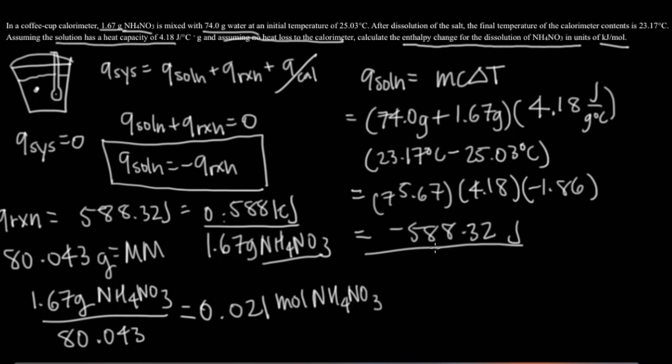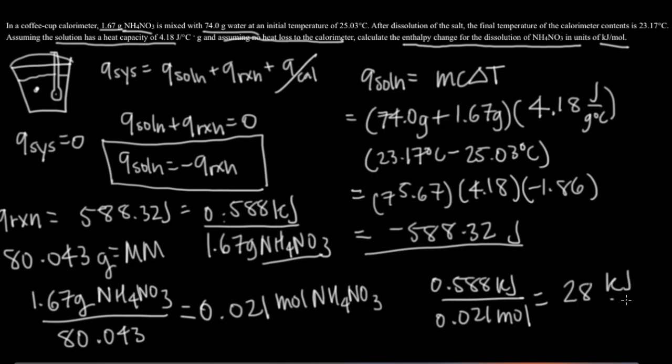So now we just need to divide our original energy value, 0.588 kilojoules, by 0.021 moles. And we have a final value of around 28 kilojoules per mole. And that is our enthalpy change for the dissolution of NH4NO3. So that is our Q reaction in units of kilojoules per mole.